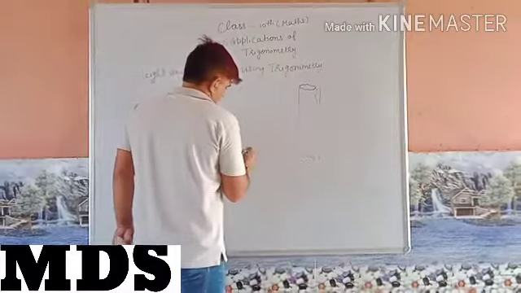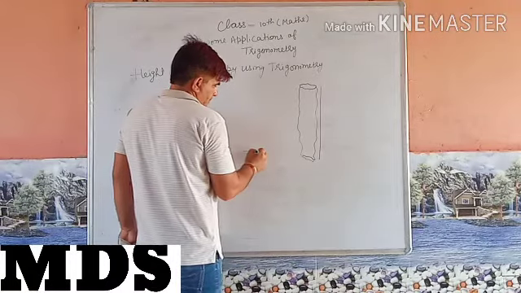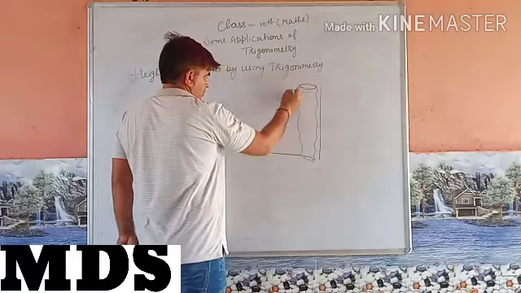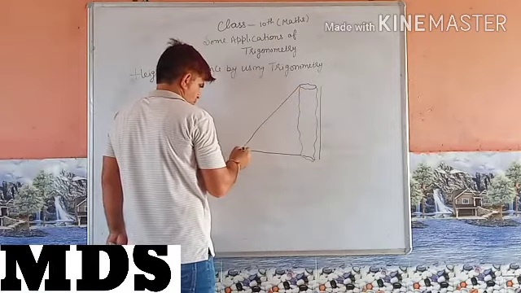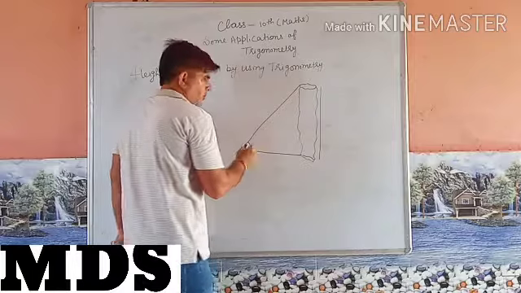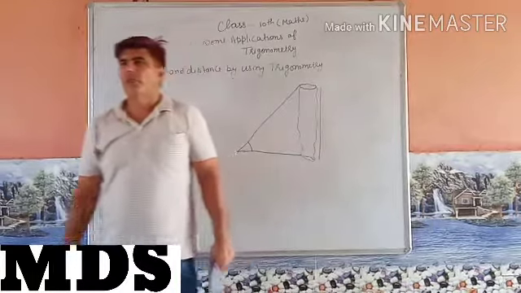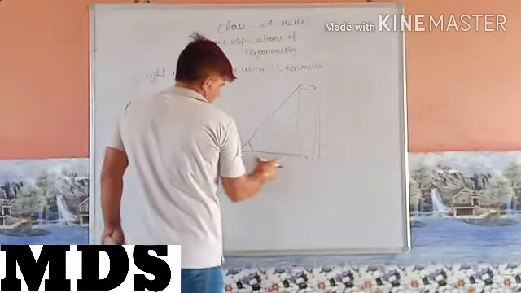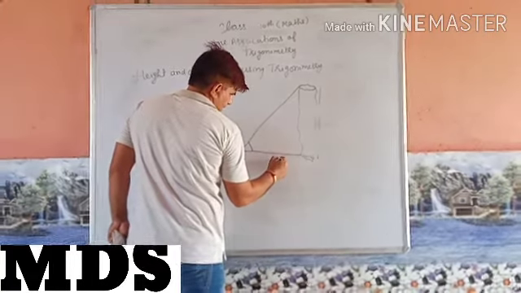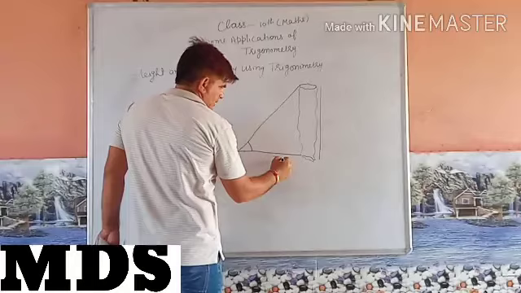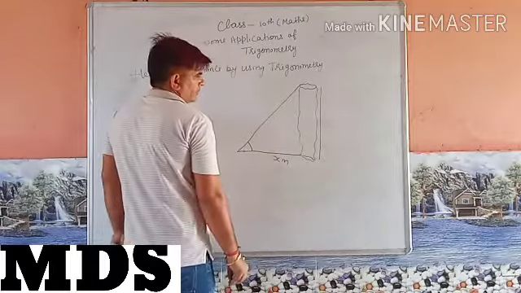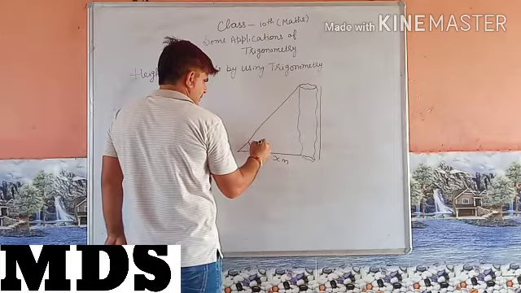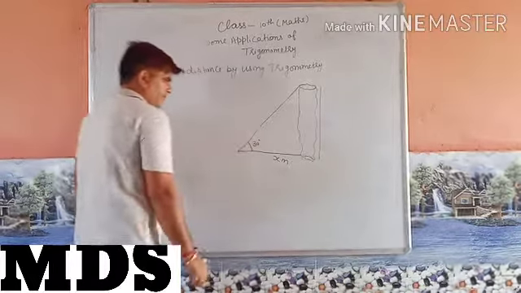If someone is standing here and looking here, some angle is formed. Let this distance be x meters. Understood? And this angle is 30 degrees.